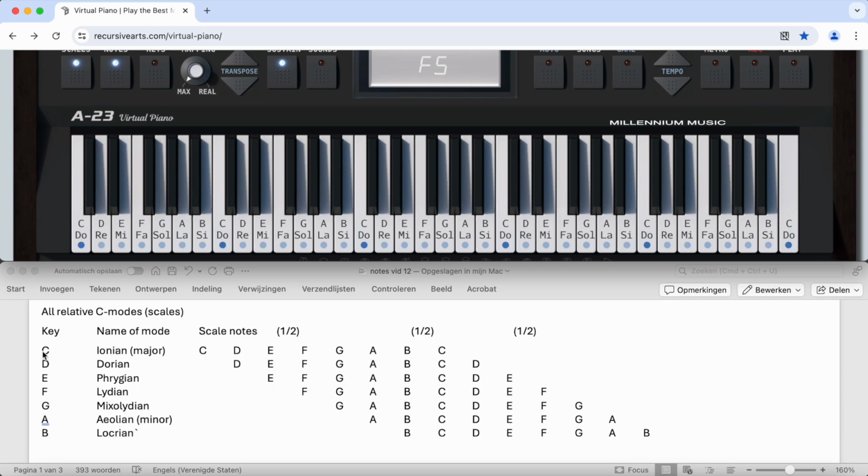So the only modes that are still in use, or that we use a lot in pop, are C major and C minor. Are there a lot of songs written in C major where within that song I transpose to A minor?